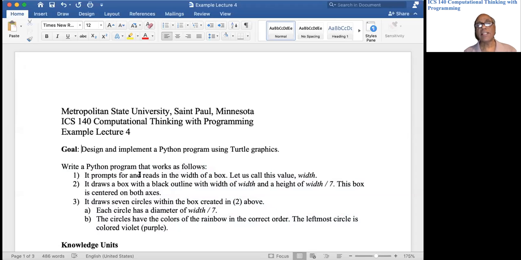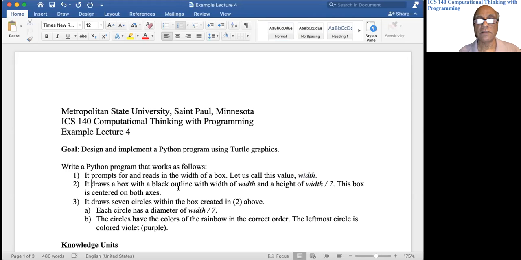So it asks for a number, and that is supposed to be the width of a box that you will draw on the screen. So let's call this value width. So let's assume that there is a variable called width into which you get a number like 300 or 350, 500, whatever.